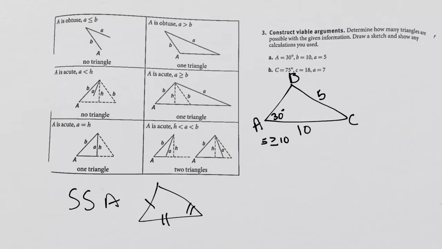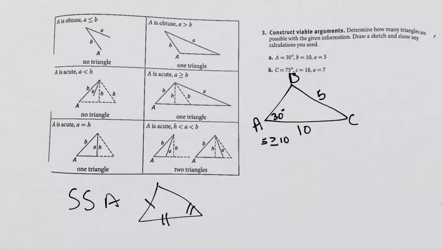So that's going to break this down to, next thing we have to do, we have 3 left. We have one where it says a is less than h, a equals h, or h is less than a and a is less than b. So we're going to have to calculate our height. Well, what's nice on page 337 is they give you a formula for height.